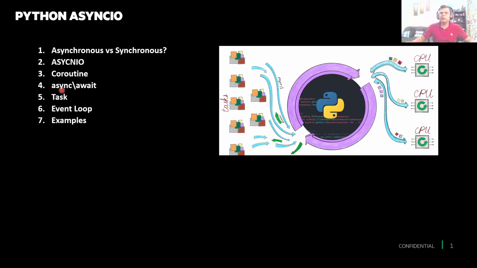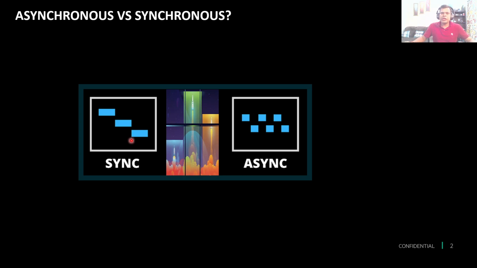And again, we'll be using some keywords frequently: async, await, and task, event loop. So we'll take a look at all these important aspects of async IO. And at the end, we'll see one example where we can see all the pieces binding together and then doing the execution.